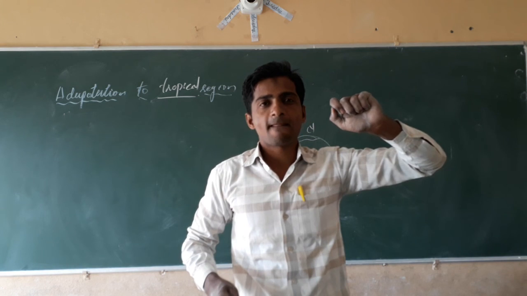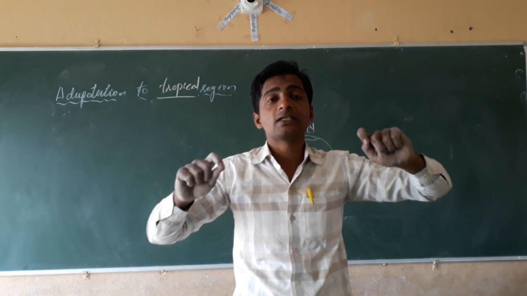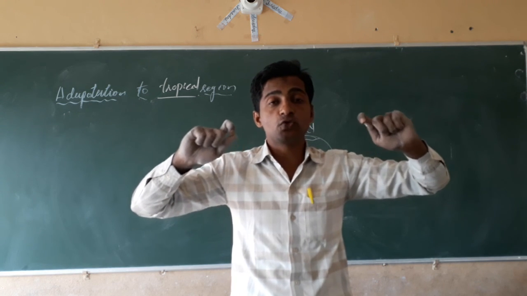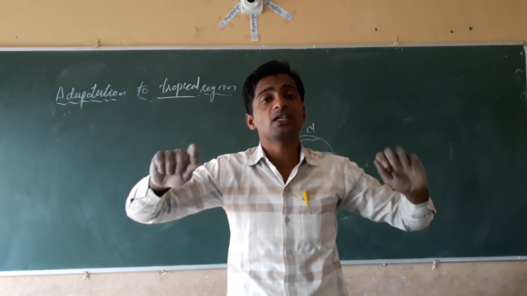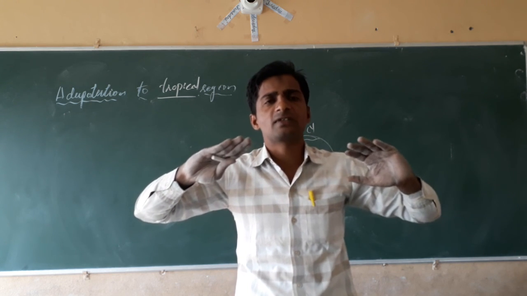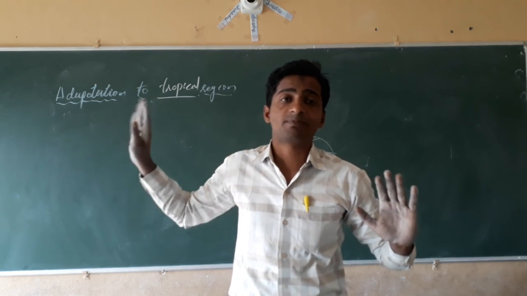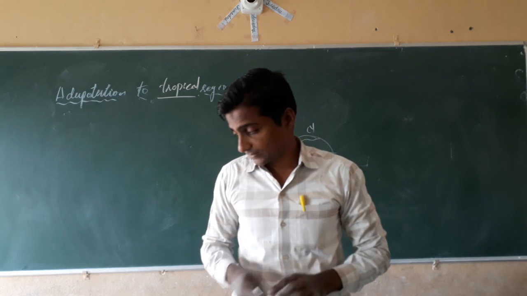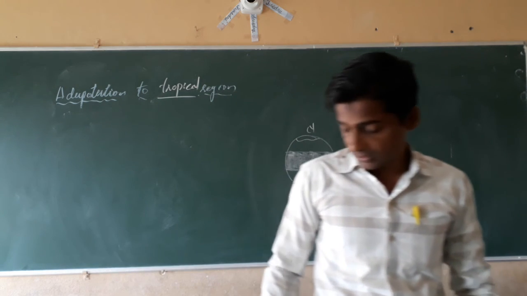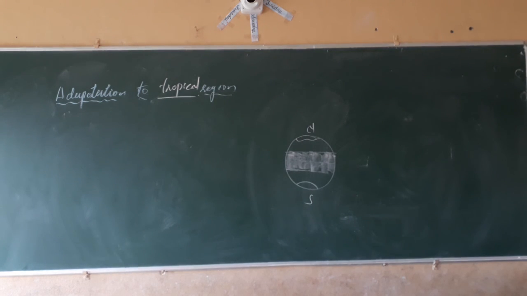Yes. And for that reason, animals with huge body designs are present. And not only huge body designs, all kinds of living organisms except polar bear and penguin are present in that tropical region. Yes, that's all about today's class. The remaining we will study in the next class.